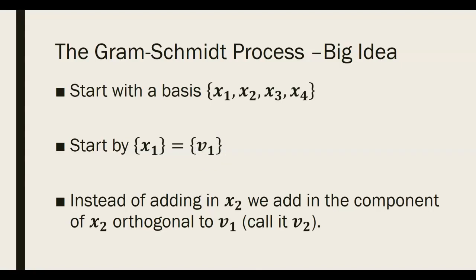Now, normally, if we were going to add a new element to the basis, we'd add x2 to this set. But if I just add x2 straight up, x2 might not be orthogonal to x1. So instead of adding x2, we add in the component of x2 that's orthogonal to v1, and then we call that v2, the second element in our orthogonal basis.